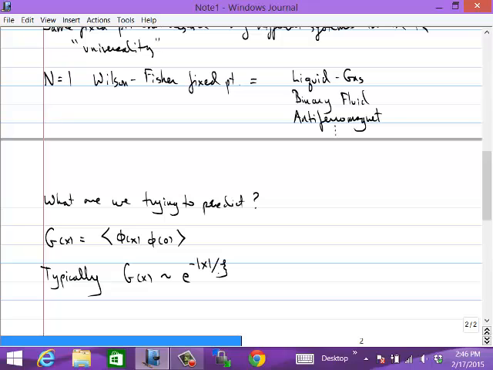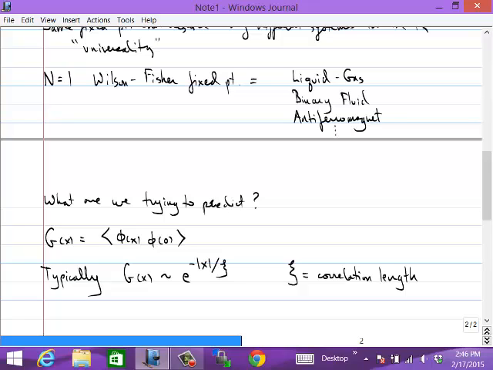And the dimensionful parameter that controls how correlation functions fall off with distance is known as the correlation length. It describes the typical distance on which the value of the field will be correlated.